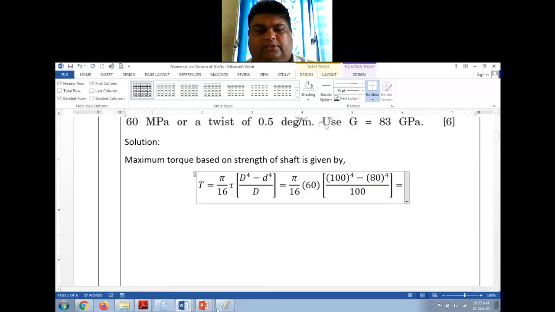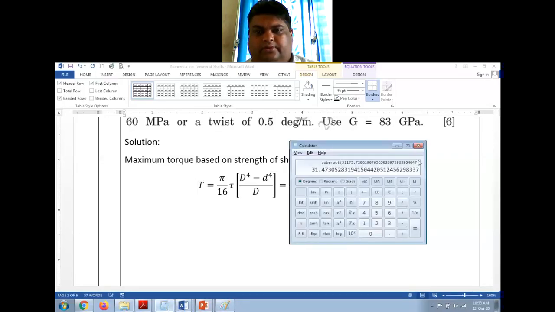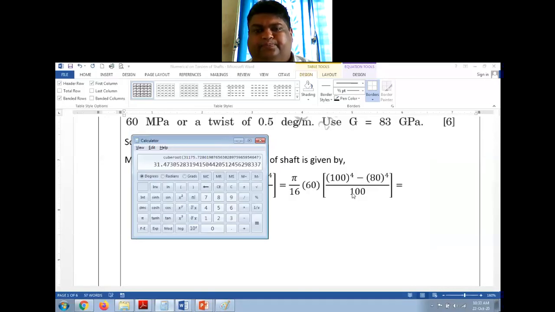So this is equal to, let me calculate this. So I'm doing this first. 100 raised to 4 minus 80 raised to 4 is this much by 100 into 60 into 5 by 60.